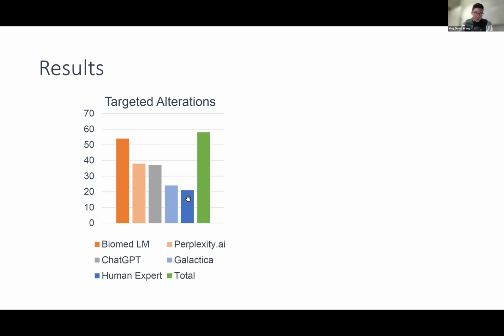The human experts suggested treatment options for about 21 of the 58 alterations. And then we can see the number is similar for Galactica, and for some other large language models, the number is much higher. They suggested a treatment option for every alteration there was.